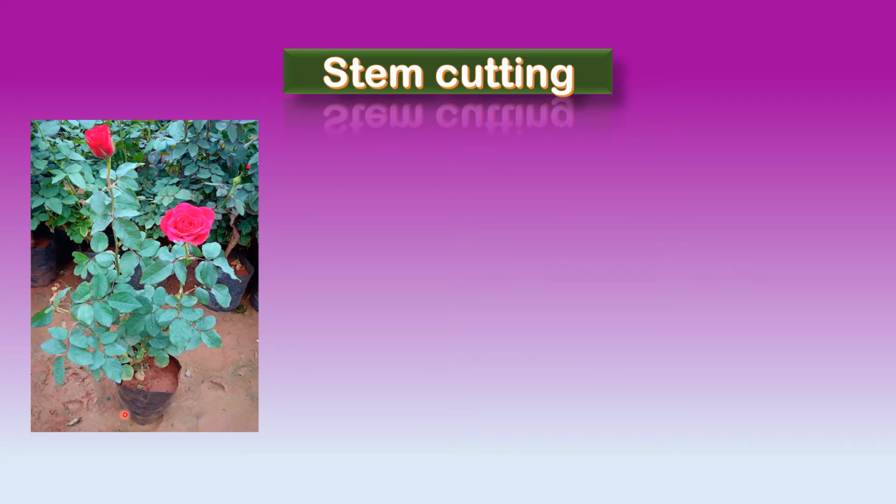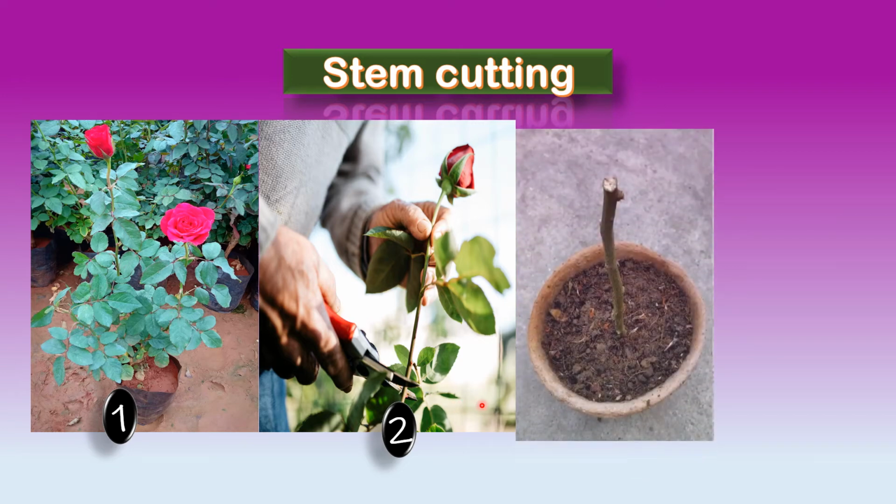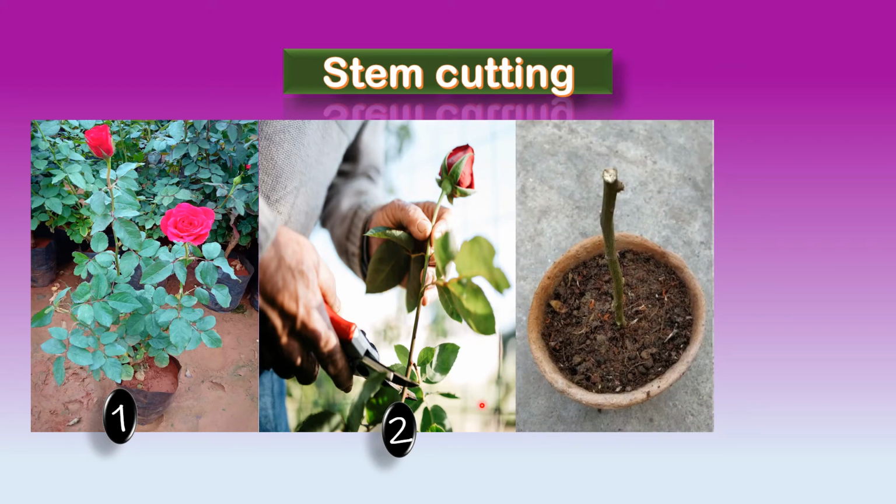Yes, if we want to grow more rose of same variety, we simply cut one stem from it. This is the first step. We will cut stem of rose plant, and then we will clean it. We will clean leaves and all. Okay, and after cleaning it, we will plant it in soil.